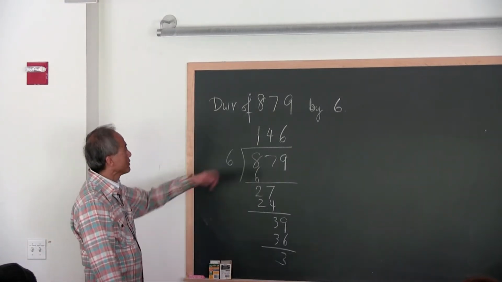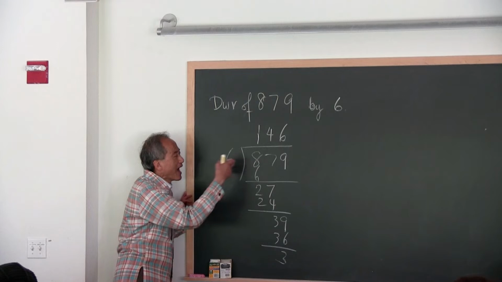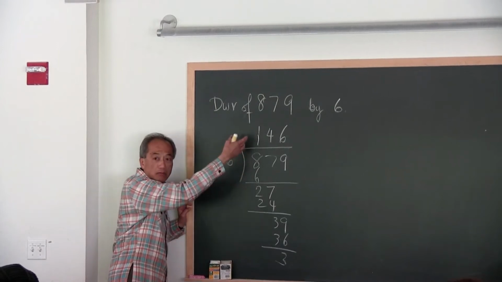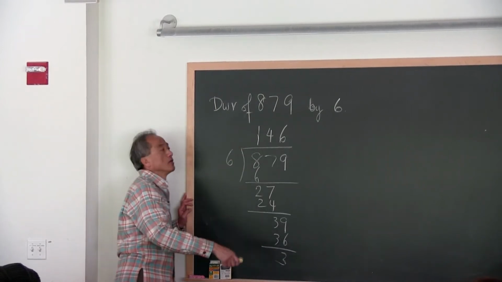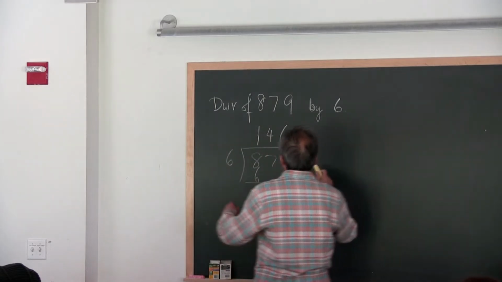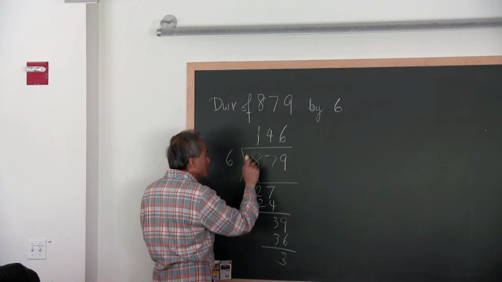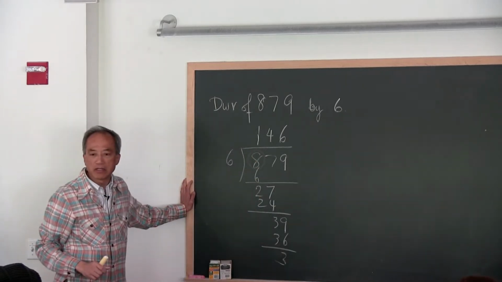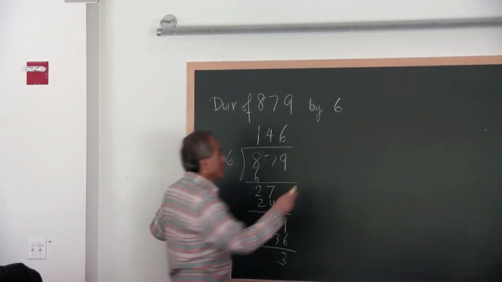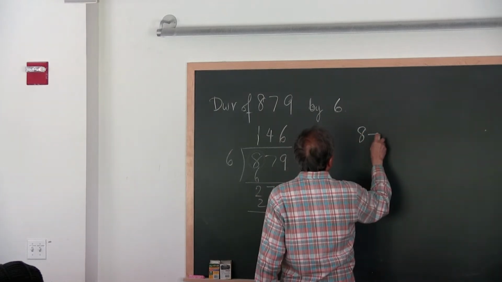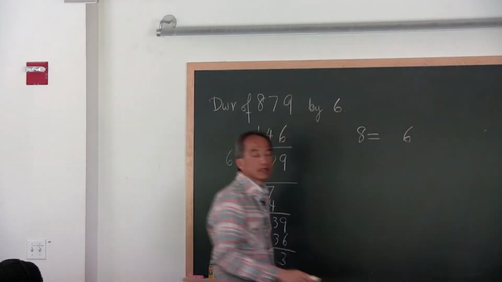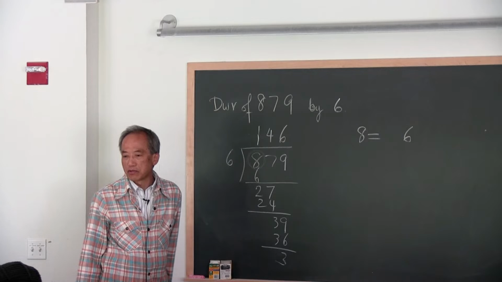So the first thing is, what do we do? We divide 6 into 8 and find out what the quotient is, what the remainder is. You always begin with the first digit, the leftmost digit of the dividend. So 8 is equal to, you divide by 6. What is the quotient? What's the remainder?